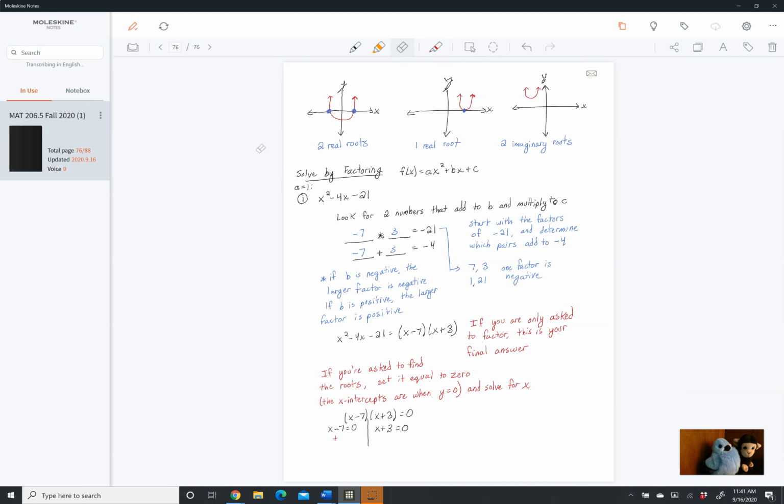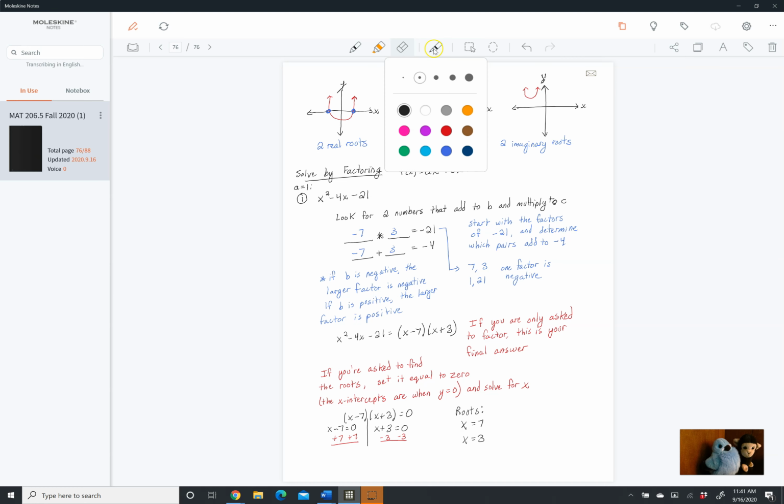We add 7 to both sides. Here on this side, we could subtract 3 from both sides. And we get our roots. x equals 7 and x equals negative 3.